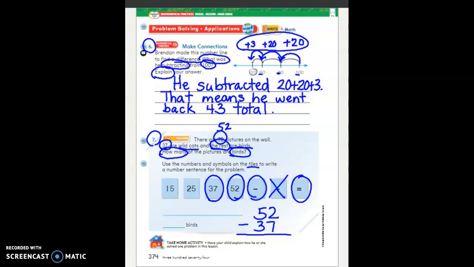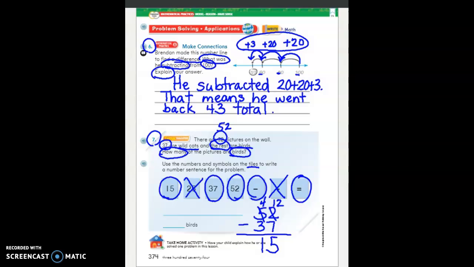So 2 takes 7 away. I know I need to regroup. 5 becomes 4. 2 becomes 12. 12 take away 7 is 5. 4 take away 3 is 1, so 15. Double check. Is that one of the answers on the tiles? Yes, it is.